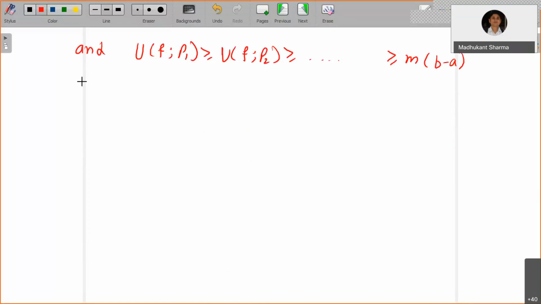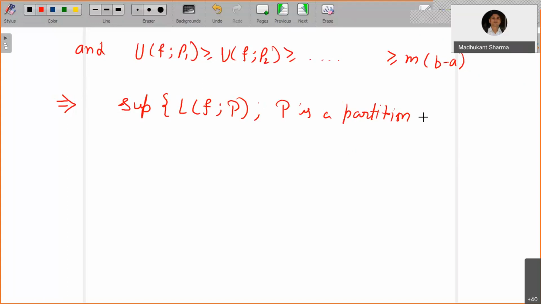So the above implies that the supremum of LFP over the set, where P is any partition of I, does exist.